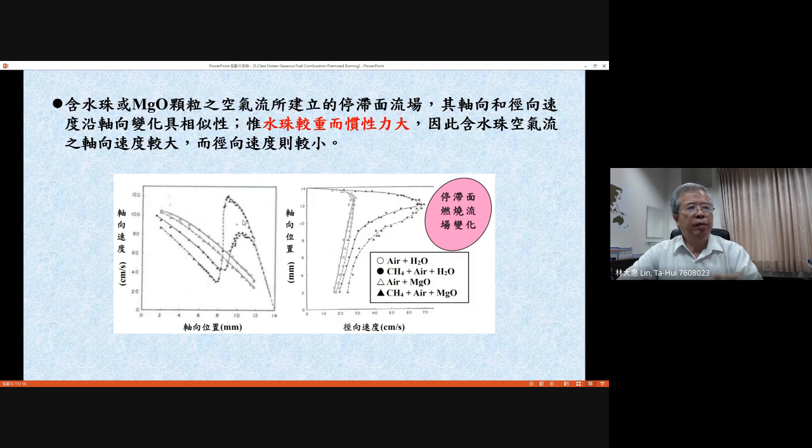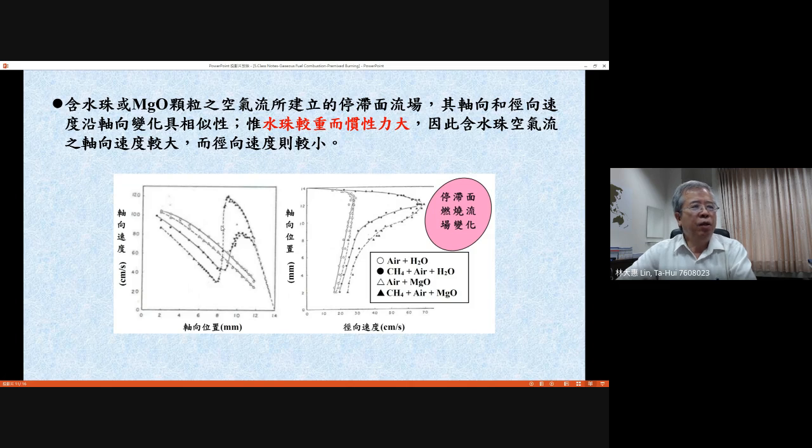They cannot be accelerated efficiently by the thermal expansion. Then you can see initially the actual velocity is higher than that for the magnesium oxide case, but it cannot increase much compared with that for the case of magnesium oxide, and later on it still reduces.